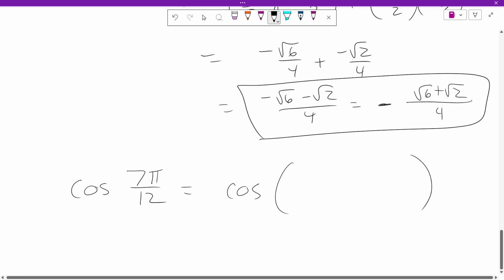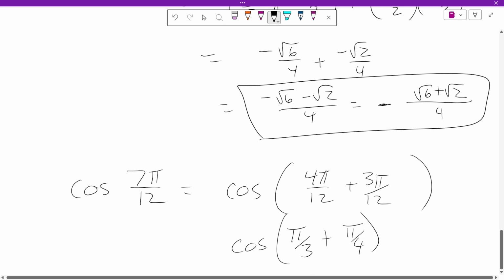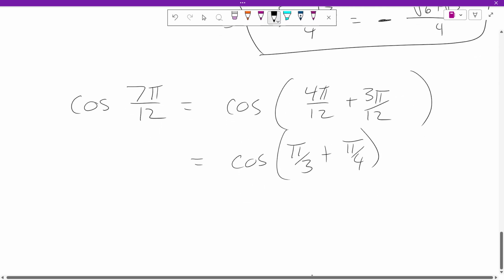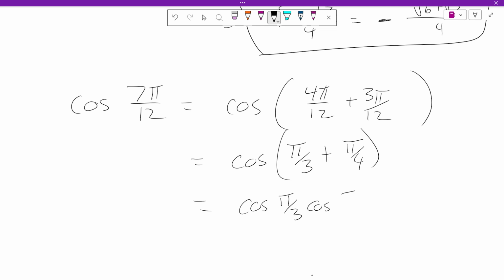What two numbers make 7 pi over 12? 4 pi over 12 and 3 pi over 12, which is pi over 3 and pi over 4. So it's the cosine of pi over 3, cosine of pi over 4, minus sine of pi over 3, sine of pi over 4.